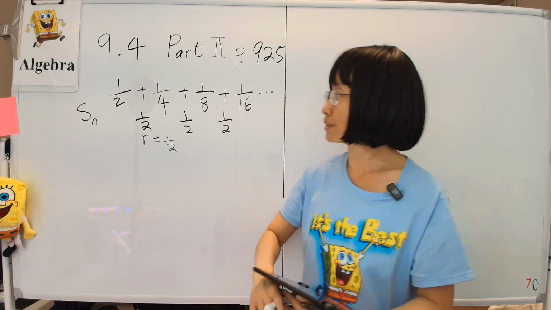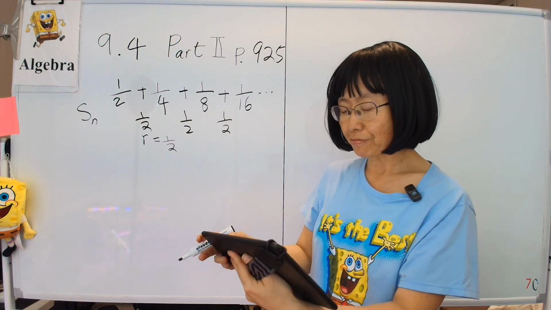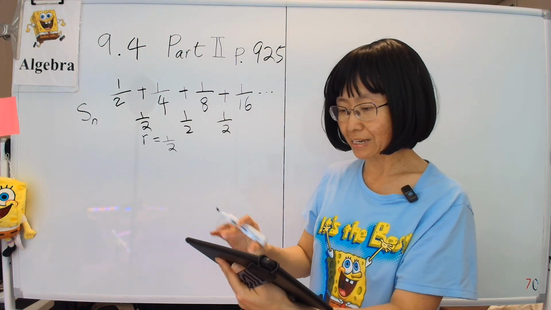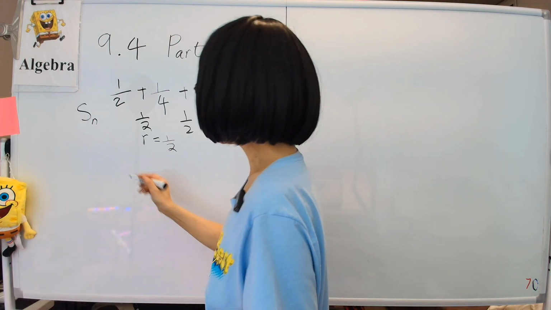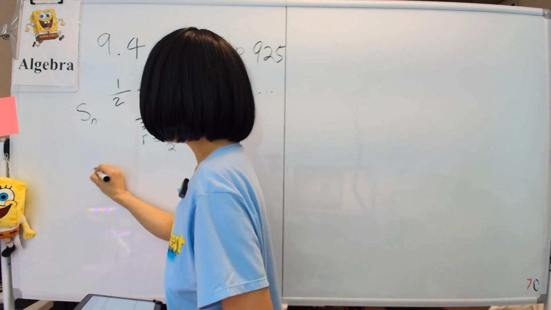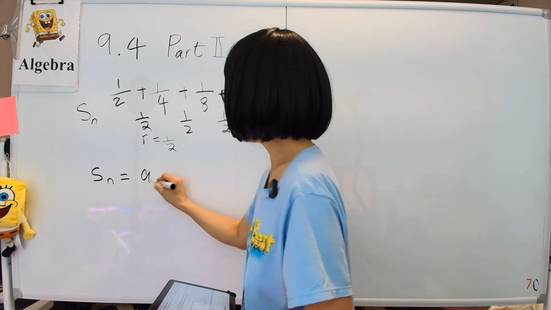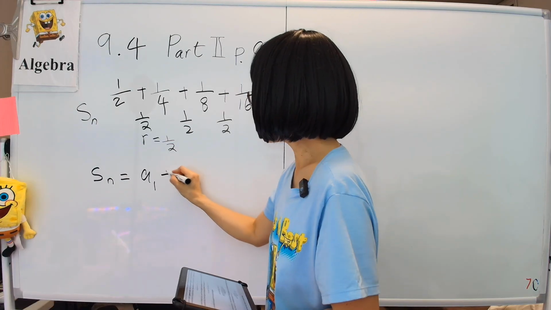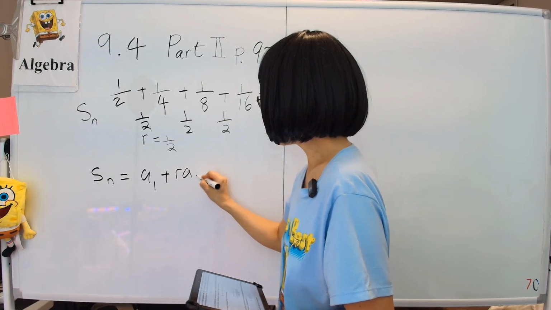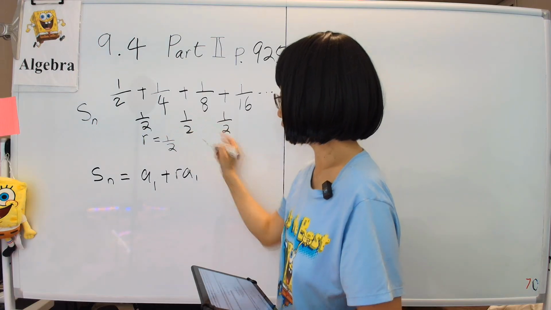Now, generally speaking, we can come up with a formula for this sum, and the formula is derived like this, as the book shows. We write down Sn, which in general will be A1. In this example, A1 stands for 1/2, and then plus R times A1, where R is 1/2, so that is 1/4.